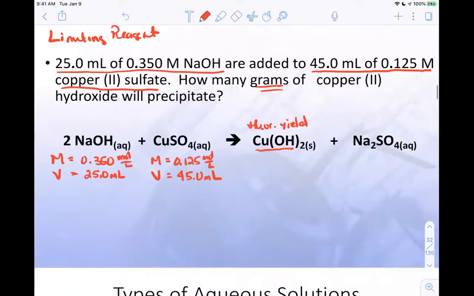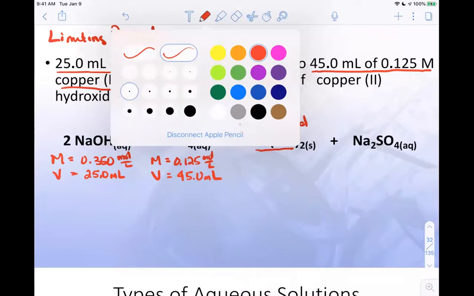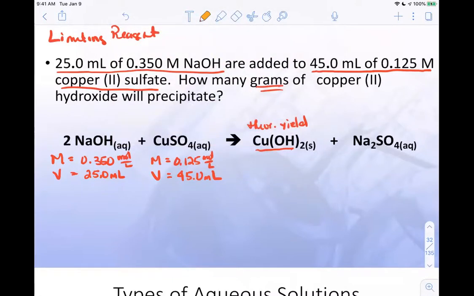So the first thing I'm going to do is figure out the moles of my copper hydroxide that I can get using my sodium hydroxide.